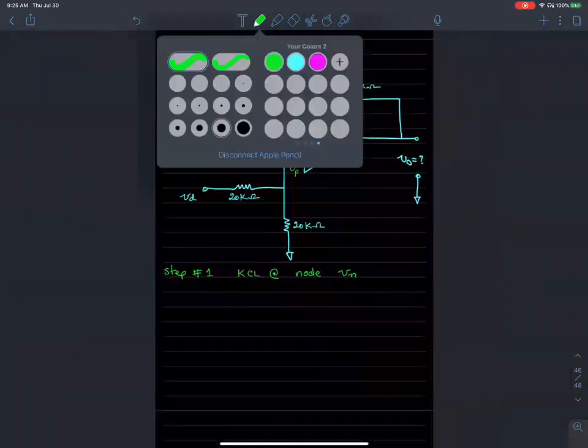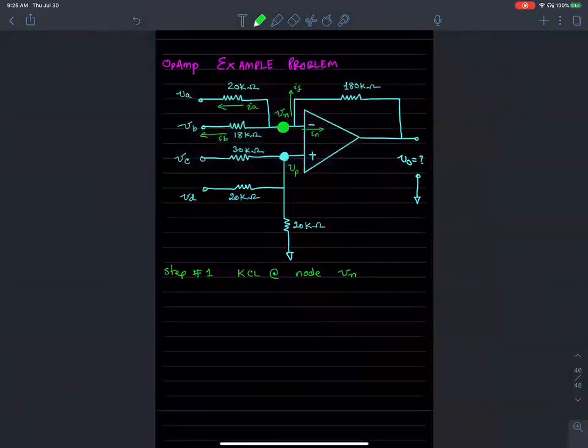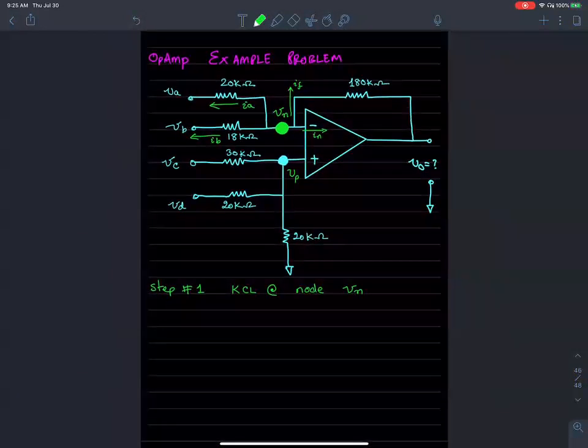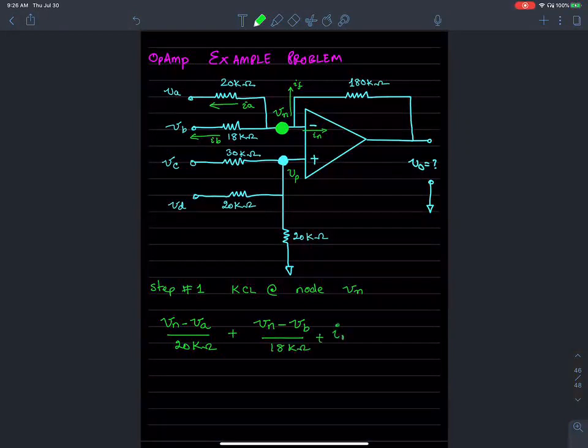Everybody with me so far? So KCL at node N would be Vn minus Va over 20 kilo ohms plus Vn minus Vb over 18 kilo ohms plus In that's going towards the right, which is zero anyways.